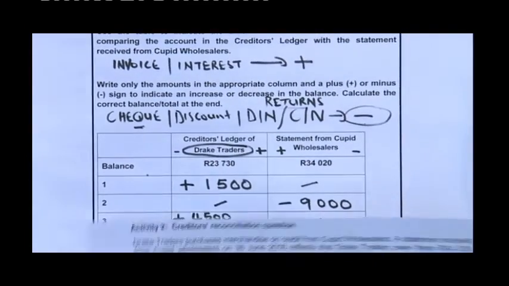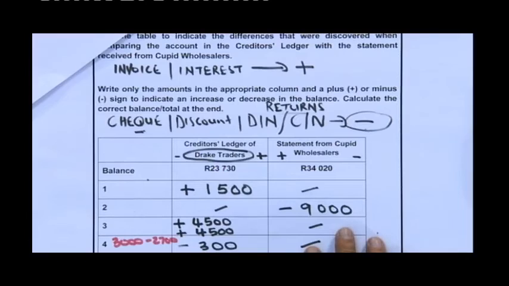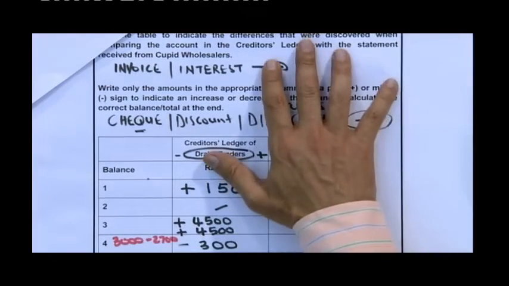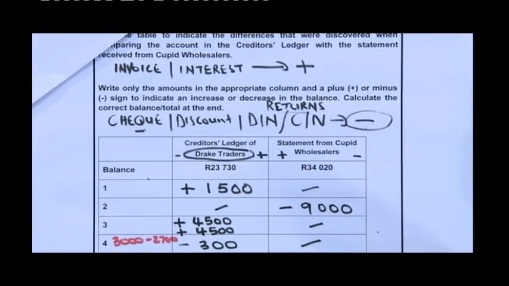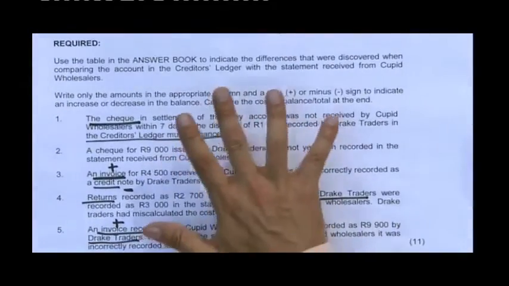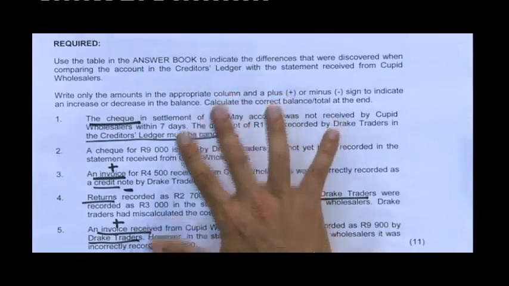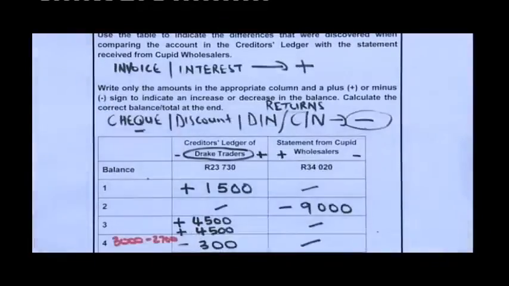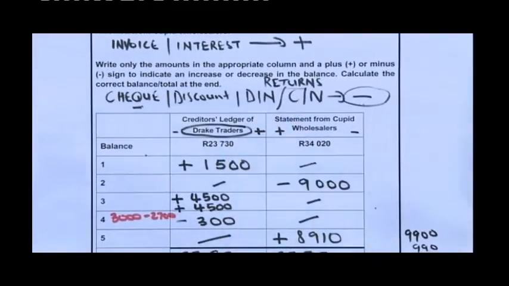Okay? Hopefully grade 11, that is just a small revision section of the creditors recon that you were doing during the year. Right? So you've got to make sure that you understand the transactions carefully, and you know how to fix them when we're doing it on the table over there. Okay?